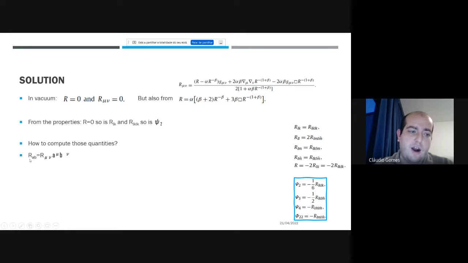Okay, you see, R_AB is actually R_mu nu, A^mu, B^nu. This is how to compute or look into these quantities here. And for instance, if we are working in space-time coordinates, we can relate immediately these quantities written in the Newman-Penrose basis to the space-time basis.